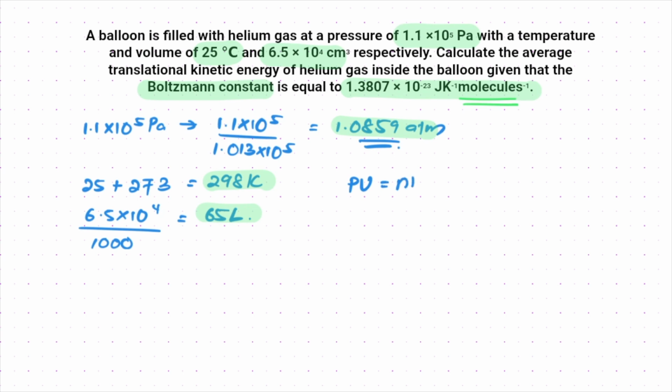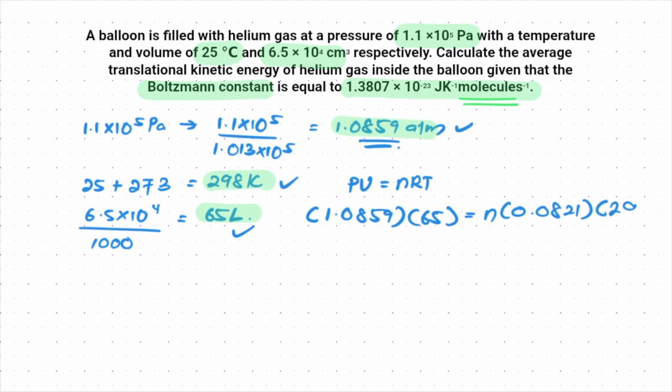PV is equivalent to nRT. The P is 1.0859 and the volume is 65 liters, and n is the one that you want to calculate. R is the gas constant 0.0821 and your temperature is equivalent to 298 Kelvin.